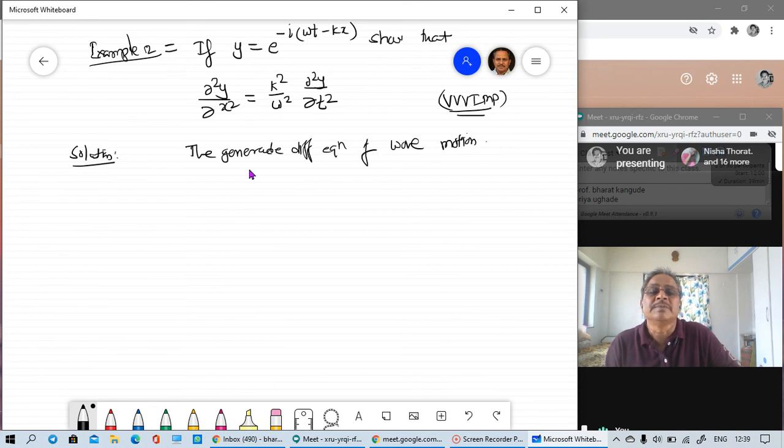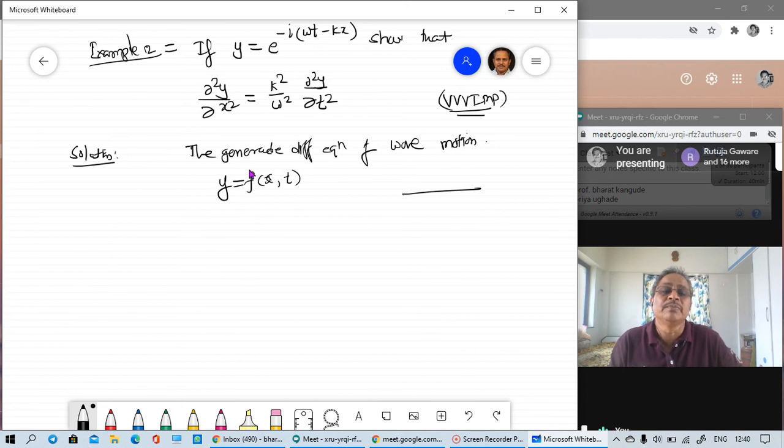Remember, in the next semester, in semester 2, we have a separate course, the title is oscillation, waves and sound. So in that course, we are going to come across this type of differential equation. So this is a partial derivative, where y is a dependent variable which is a function of two independent variables x and t. So this is space, this is time, and this is the amplitude of oscillation of the particle.